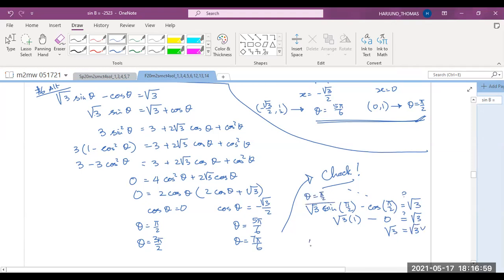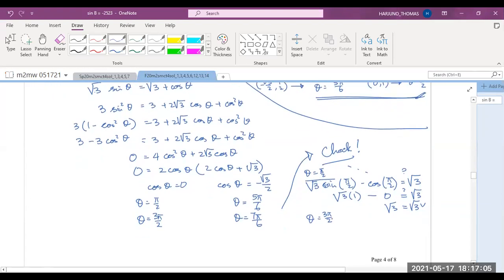Now, you can try it yourself, 3 pi over 2 will not work. It will give us negative radical 3, which is not equal to radical 3. For 5 pi over 6, it will work, but 7 pi over 6 will not work.